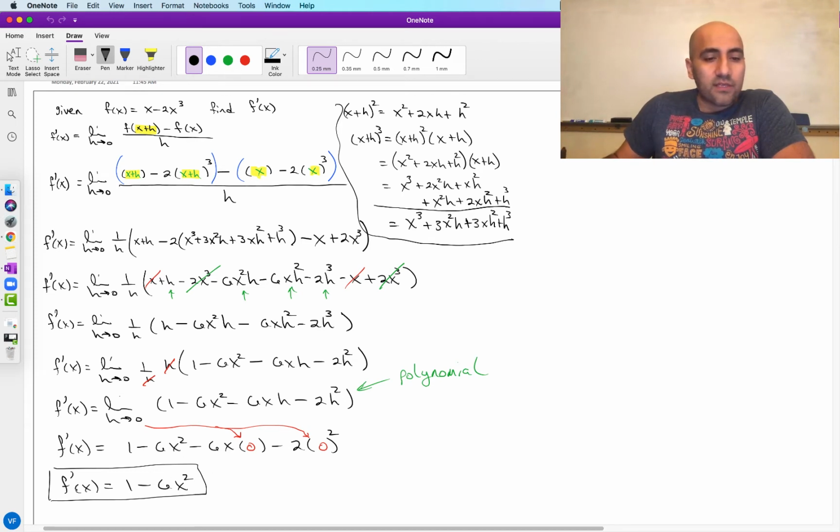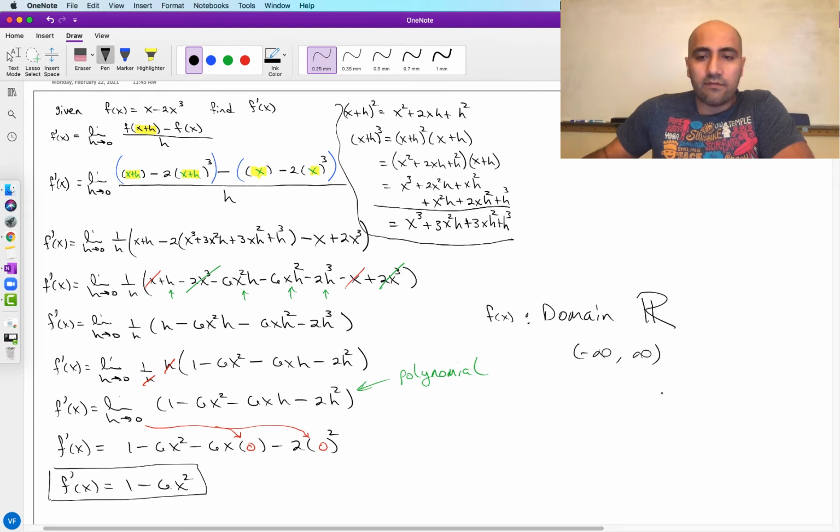Okay, all right, so this is the derivative function of the original function. If we think about the domains, our original f of x function is just a polynomial, so its domain is all real numbers. Right, capital R with an extra slash through it means all real numbers. Or we can also say negative infinity to positive infinity.